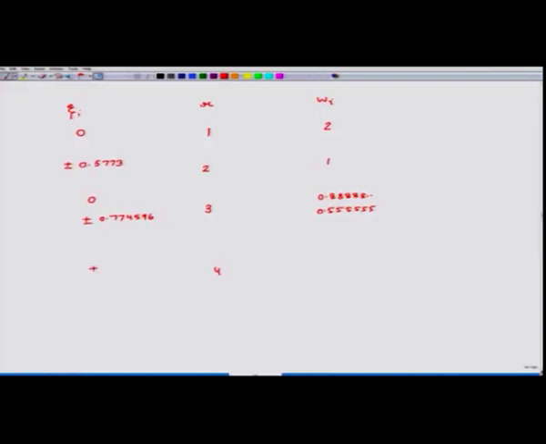These are plus minus 0.339981 and plus minus 0.861136. Again, they are not equally spaced, and the weights are 0.652145, 0.347854.